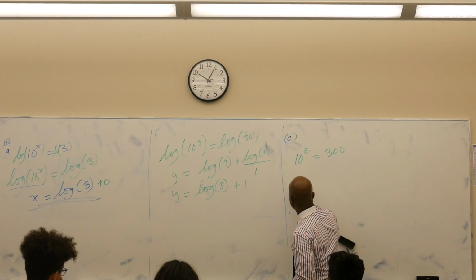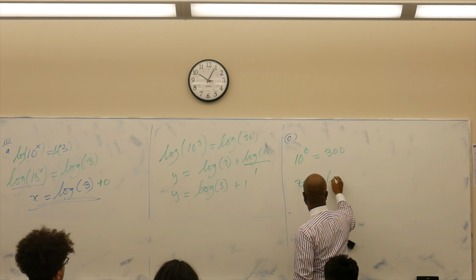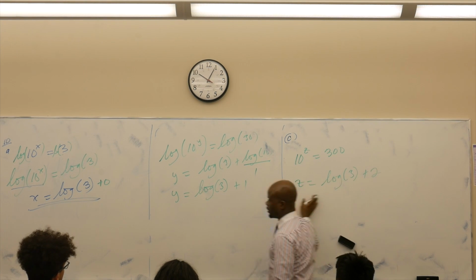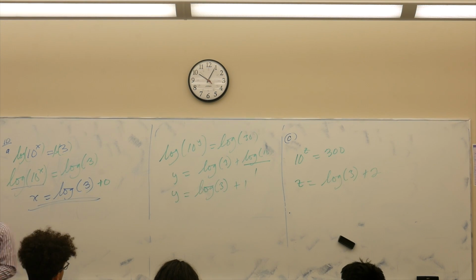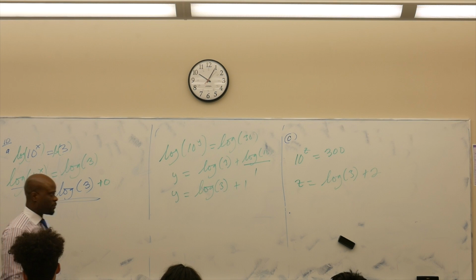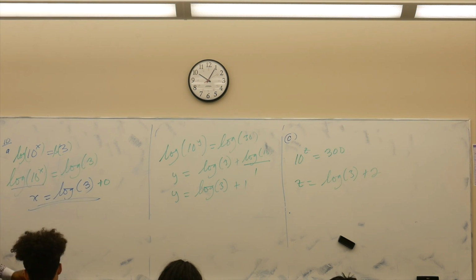So there should be z equals the log of 3 plus 2. The reason I wanted all these three things to be on the board is because of question D. Question D says, use the properties of logarithms to justify why x, y, and z form an arithmetic sequence with a difference of 1.